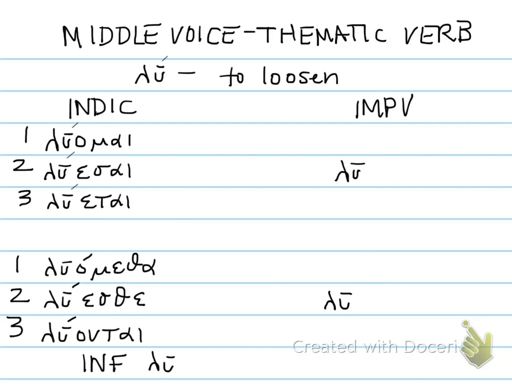Now our intervocalic sigma in the second person singular drops out, and the epsilon plus alpha iota contracts to give us lúei, or the alternative spelling, lúēi.